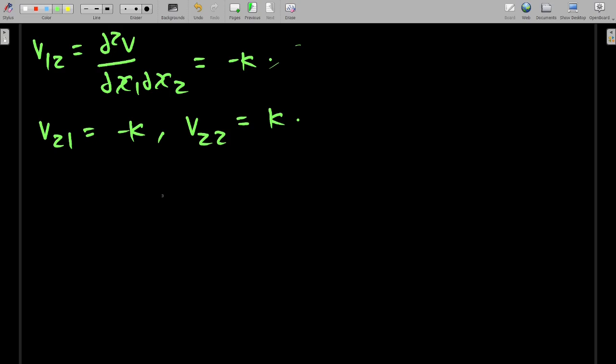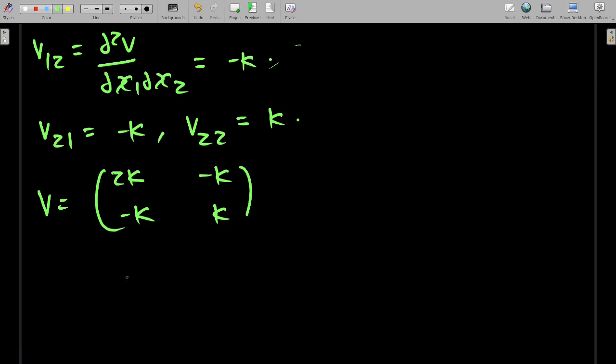You can calculate. Then our potential energy matrix is V11 is 2k, V12 minus k, V21 minus k, and V22 k.